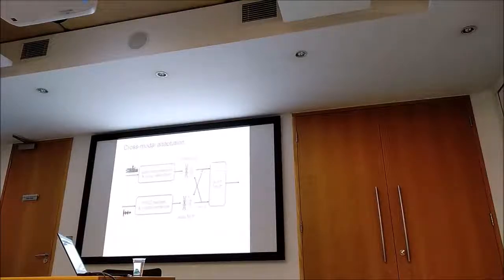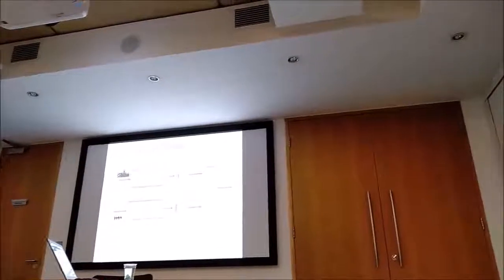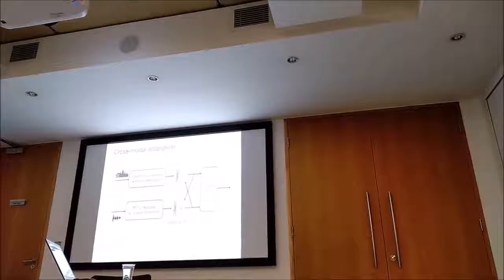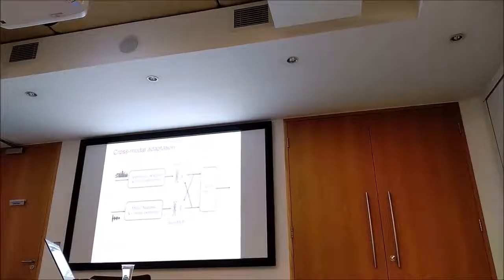And then we use the simplest possible neural network to generate the results. And the core here is to use the results of the classification of one of the two modalities to influence the update of the other network in a way that if one modality is poor, the other modality can help adapting the model that corresponds to the other pipeline.